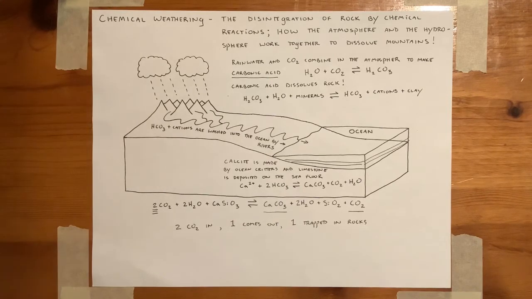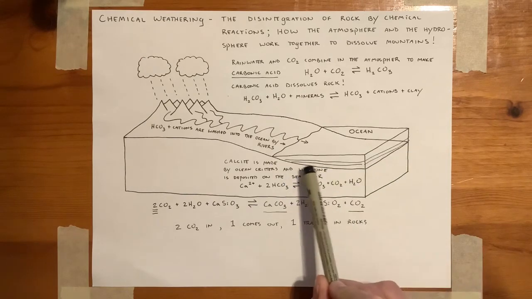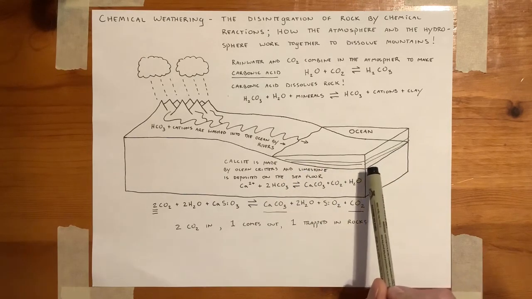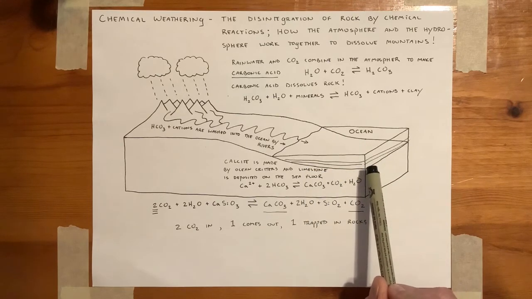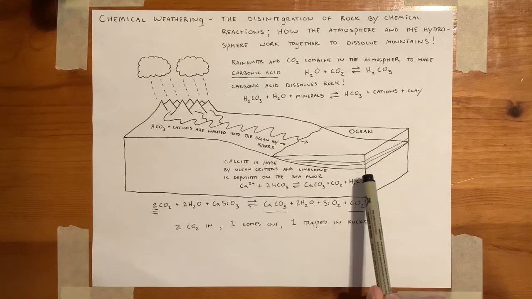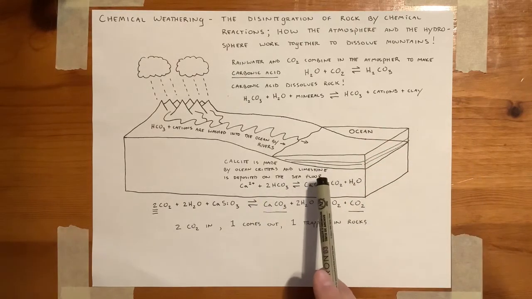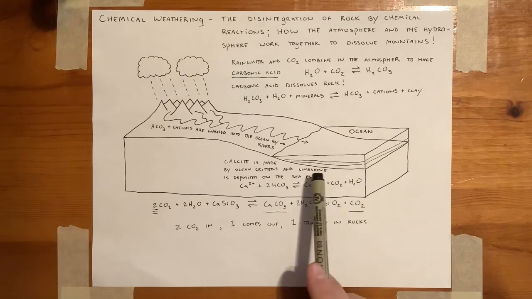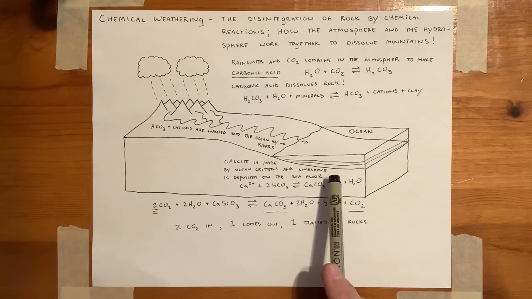Now, the deposition of limestone on the sea floor doesn't always happen at the bottom of the ocean on oceanic lithosphere. Sometimes the seafloor, in quotes, is actually still on continental lithosphere. It's just continental lithosphere that has been flooded by the ocean.